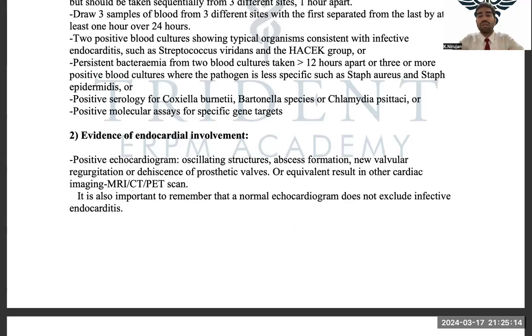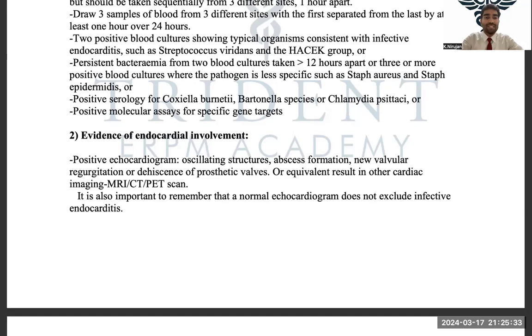So evidence of endocardial involvement. This is also asked: what would you expect to see in the echo? Traditionally we use 2D transthoracic echo and transesophageal echo, which has high sensitivity. But nowadays there are evolving cardiac imaging modalities, cardiac MRI, PET scans, cardiac CT, so they can also be used.